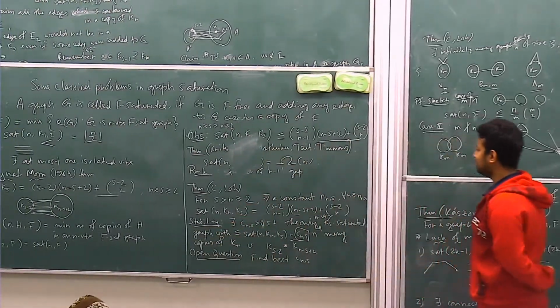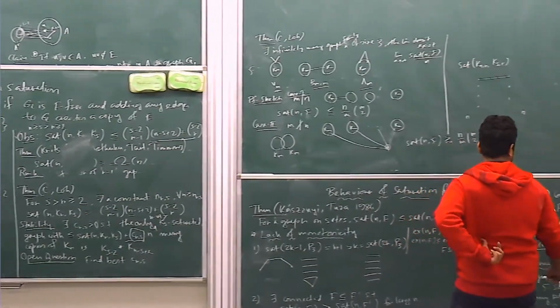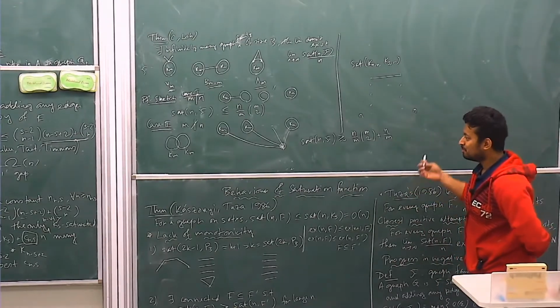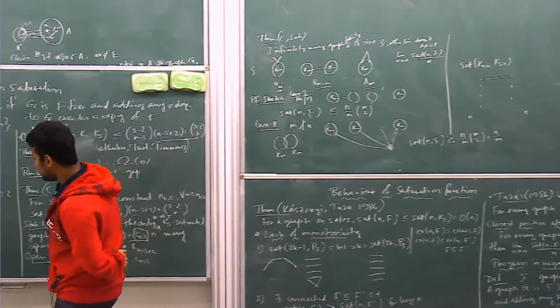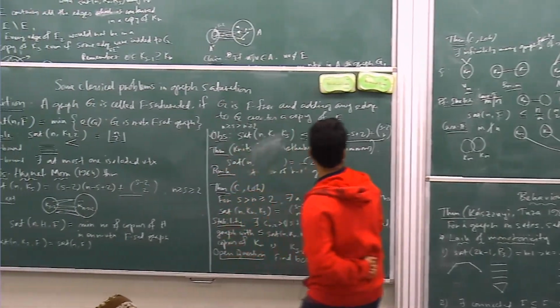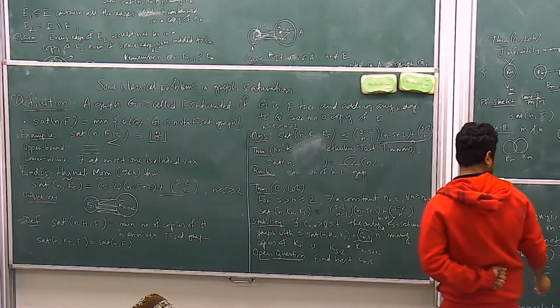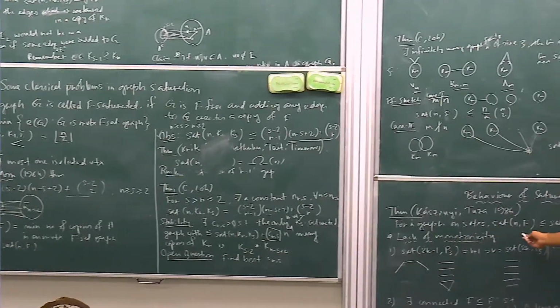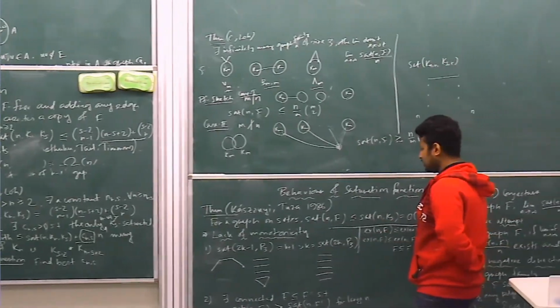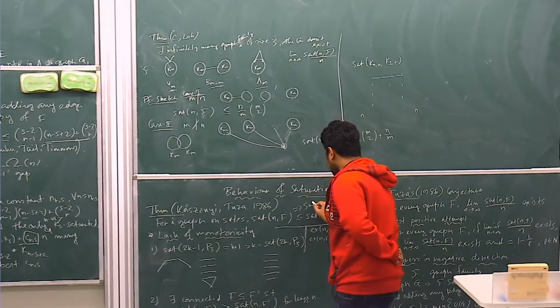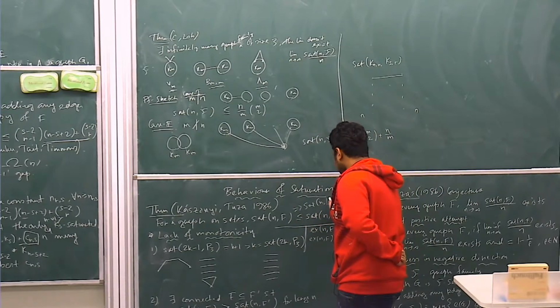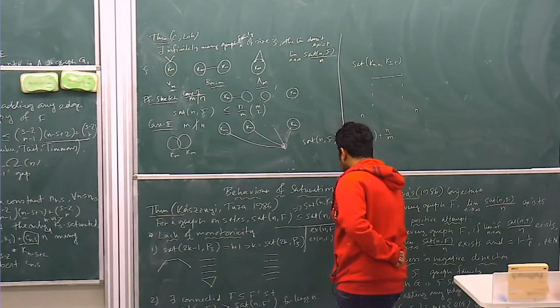It's also known, or it can be seen from the same argument, that sat(n, K_r, F) is also linear.